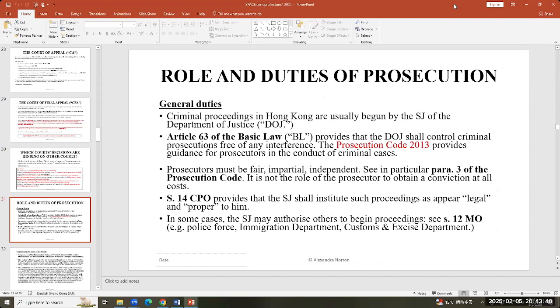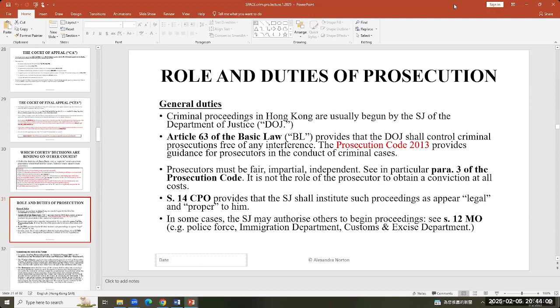All right, let's resume. So in the carry on, we're talking a little bit about the scope of the prosecutor's decisions, the role of the Department of Justice. Generally, it's the Secretary for Justice who commences proceedings, although, of course, in practice, that's only one person and they have to delegate that role to other people within the Department of Justice.